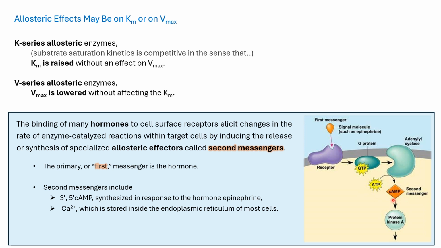And that second signal goes and activates protein kinase A. Calcium is another very common second messenger, which is found in the endoplasmic reticulum of most cells. And there's a receptor on the surface of the endoplasmic reticulum that is able to respond to signals and release calcium. So calcium is a second messenger.